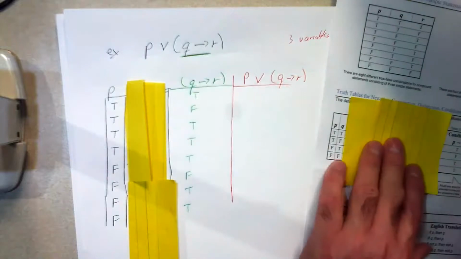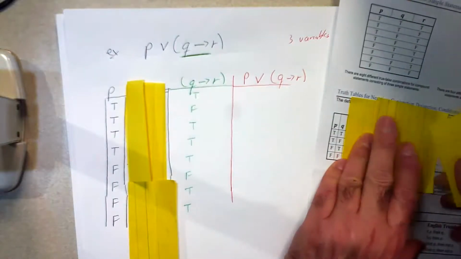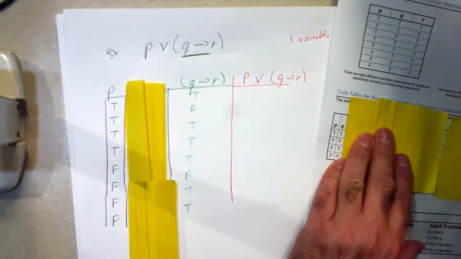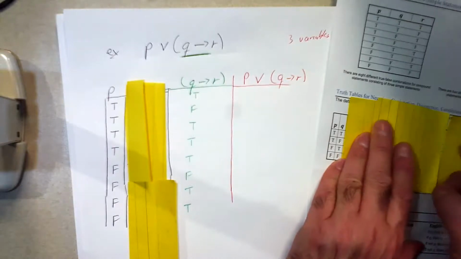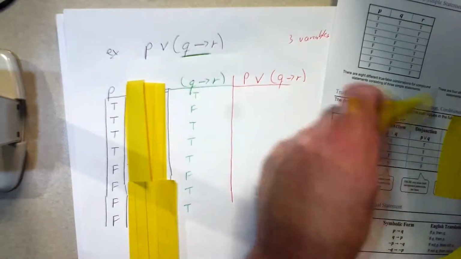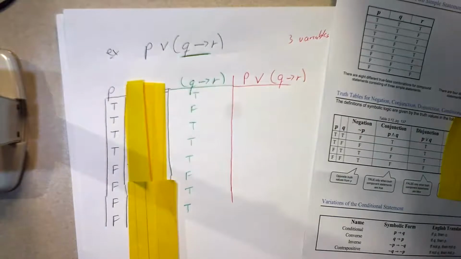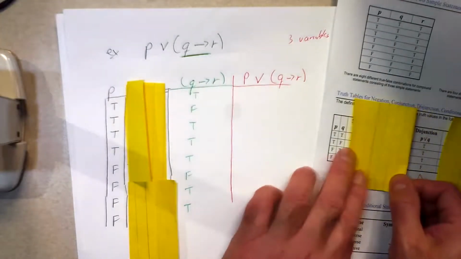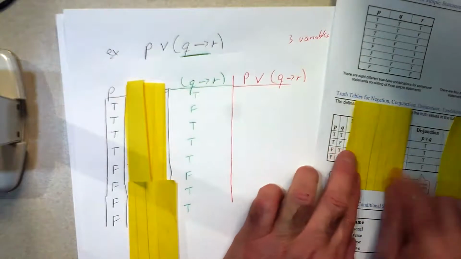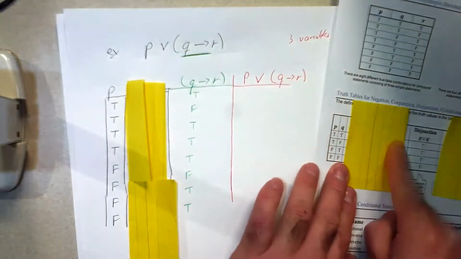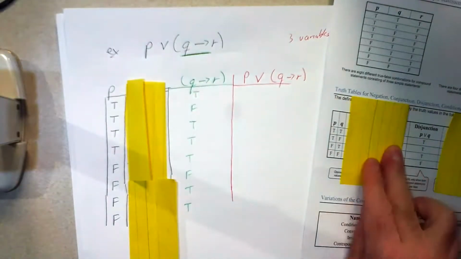So I'm going to go to my paper, and I want only the disjunction to show. Keep the disjunction shown. Once again, all right, here we go.